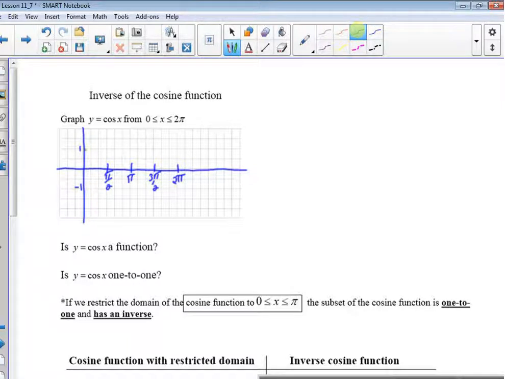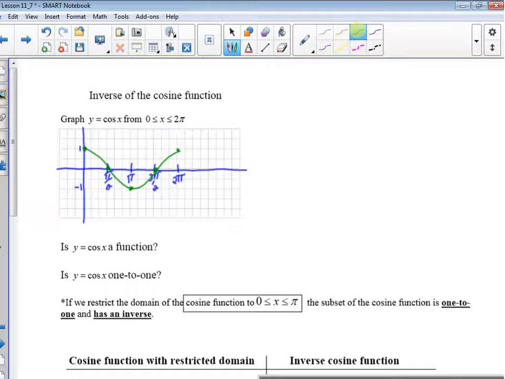We start up 0, 1. At 90, we are at 0. At pi, we are at -1. At 270, back to 0, and 360 back up. So there's my cosine curve.